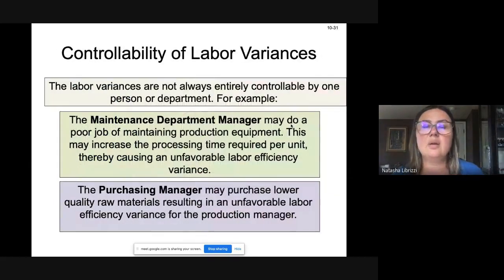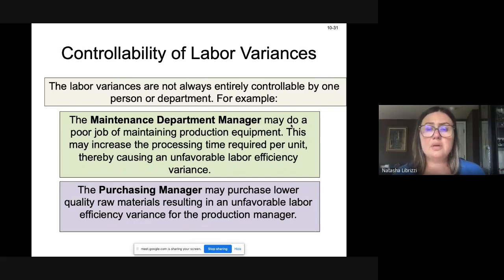Labor variances are not always entirely controllable by one person or department. I mentioned maintenance. If a machine is broken, somebody might not be able to do their job, and suddenly they're clocking hours that go toward the job. So an unfavorable labor efficiency variance might not be because the employee is unable to do their job.